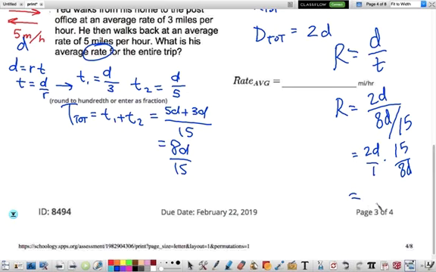You get 15 over 4, and the units are miles per hour. If you got 30 over 8, that's also correct, but you didn't simplify, so you lose points. What was your decimal? 3.75 is fine.